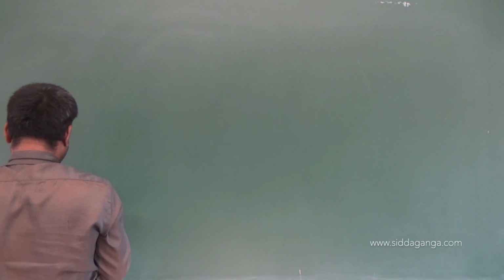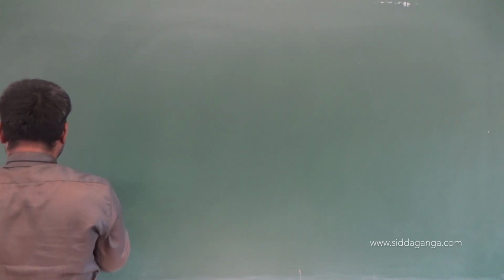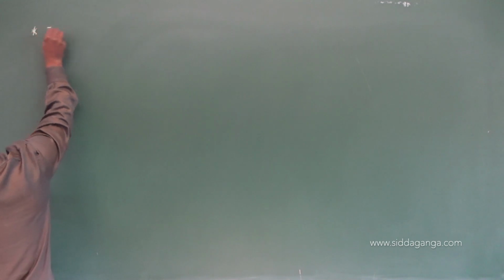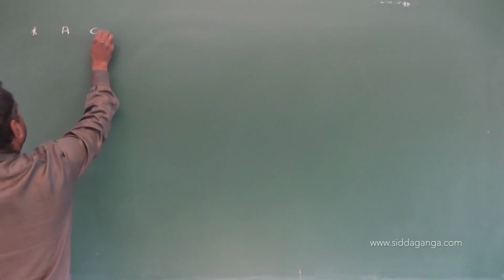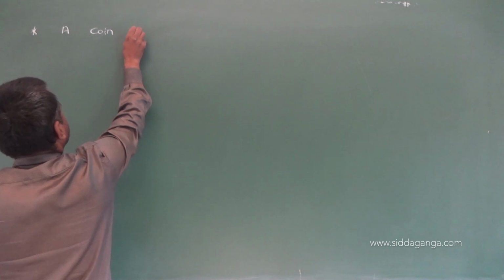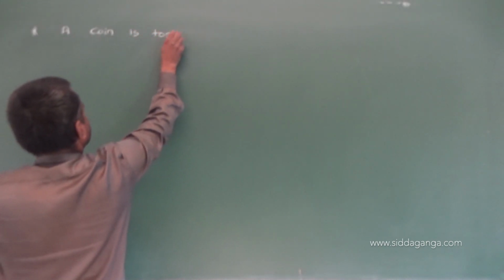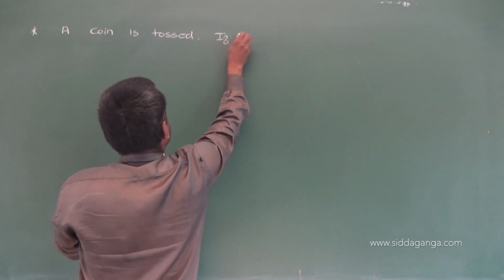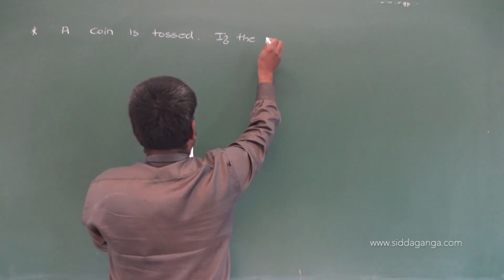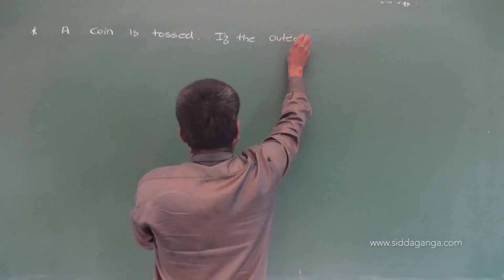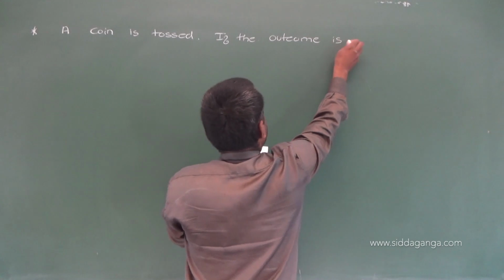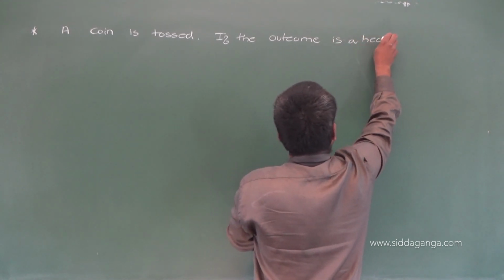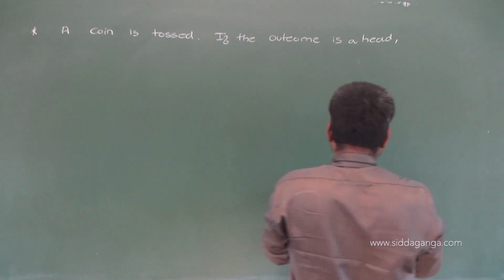Next problem. A coin is tossed. If the outcome is a head, a die is thrown.